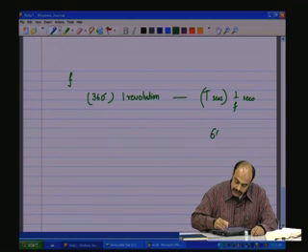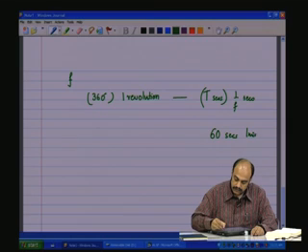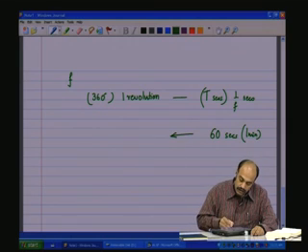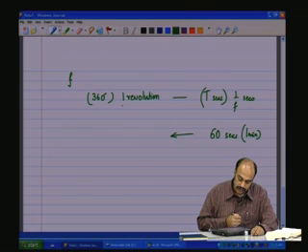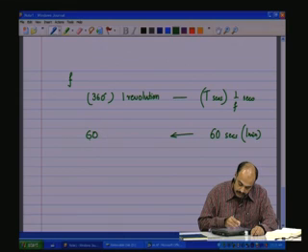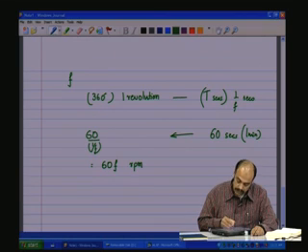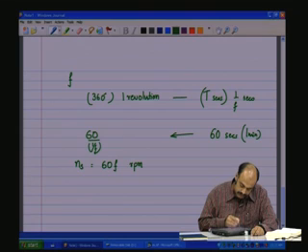So in 60 seconds, that is 1 minute, how many revolutions does it make? So it is 60 by 1 by f, or we should say 60 f is the revolutions per minute, and this is your NS.